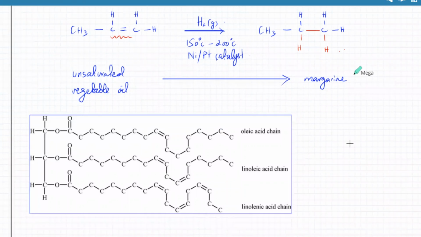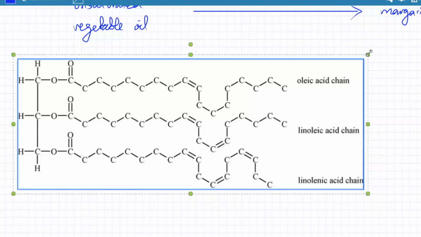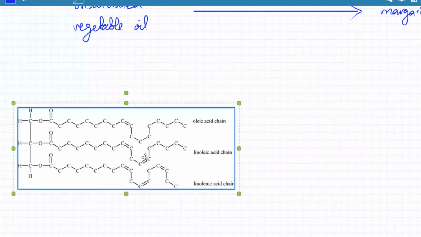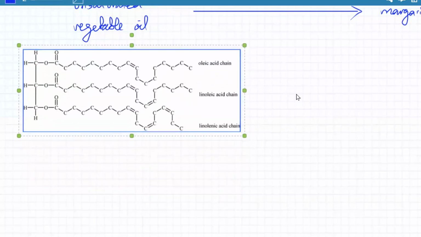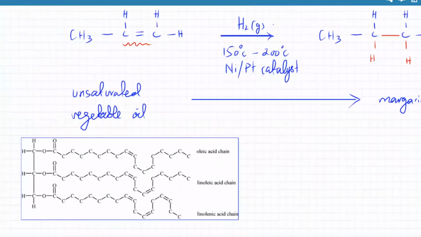This is one big molecule, and you see double bonds over here at different points, carbon, double bond, carbon. So if you hydrogenate it, all the double bonds would go away. Is that clear? And hydrogens are going to get added to it, and it will turn into margarine. Is that point clear?